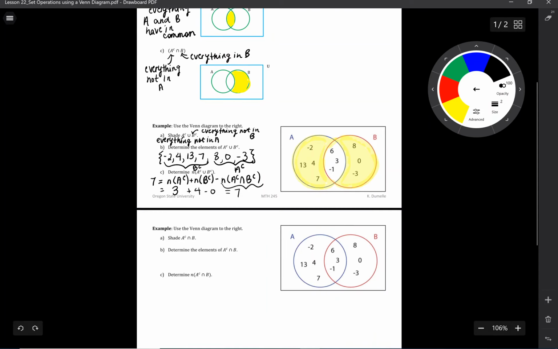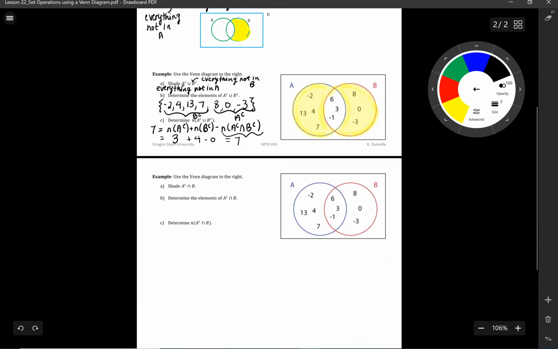All right, one more example. We want now to shade A complement intersect B. So this is everything in A complement and B. So everything in A complement is just everything outside of A, which would be, if I were to shade that in, it would be everything, whoops, let's erase that.